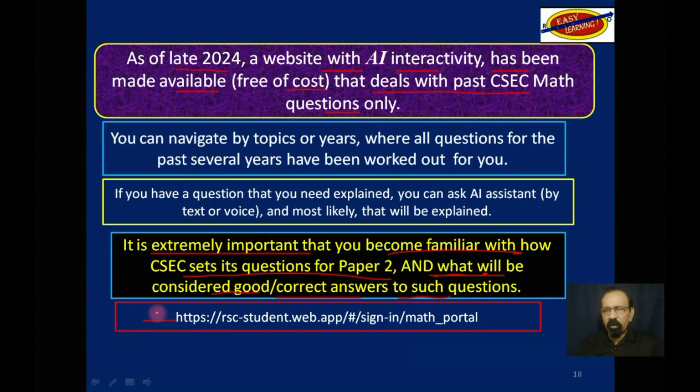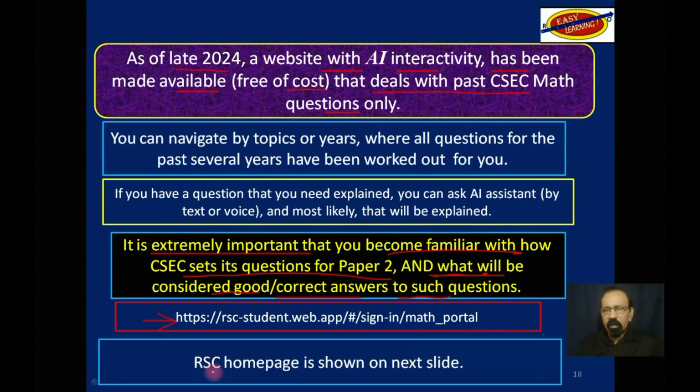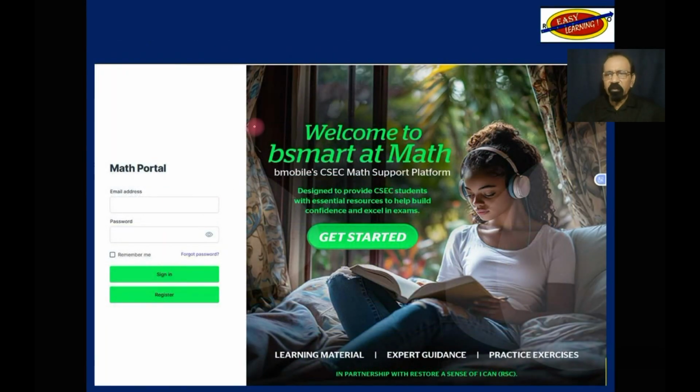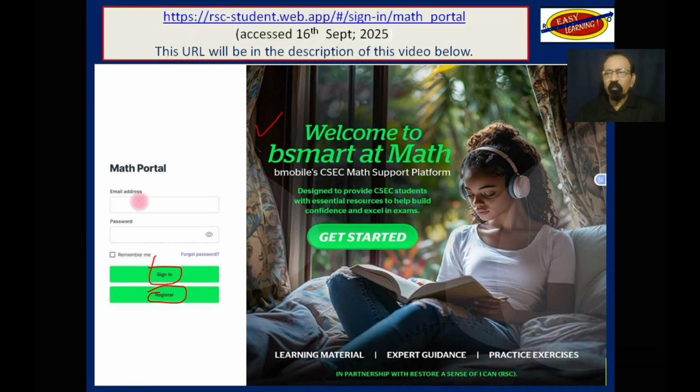This is the URL for that website. On the next slide, I will show you what the home page for that website looks like, which is this. That's the home page. You follow the home page, you register first, and subsequently log in. This is the URL for that website. This URL will be in the description of this video below, so you can easily click on it and be redirected to that website.